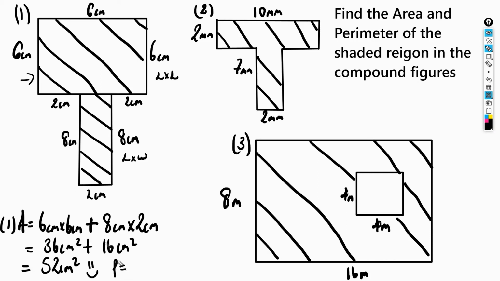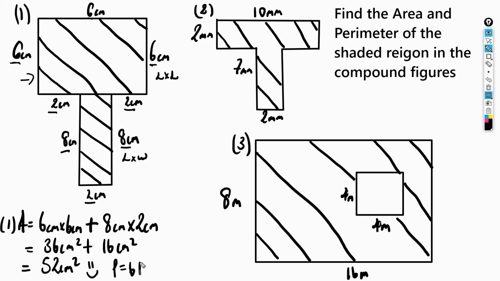The perimeter would be the entire outside, right? So if we look carefully, this 6, this 6 here, this 2 here, this 8 here, this 2 here, this 8 here, and this 2 here would represent the perimeter. Okay, so let's just add that up together.